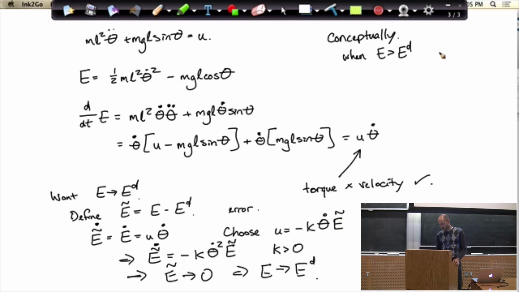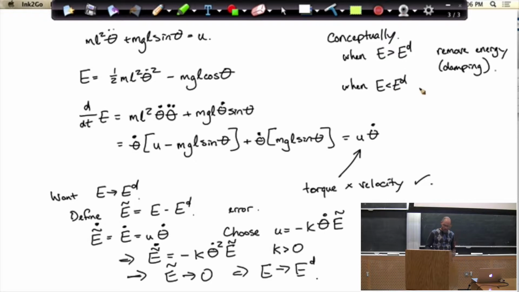So you're going to basically remove energy. In fact, you look like a damper. Right? And when the energy is smaller than the desired energy, I'm going to add energy. Okay, very simple controller.